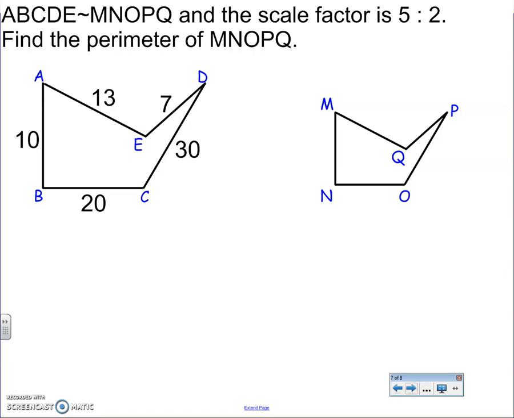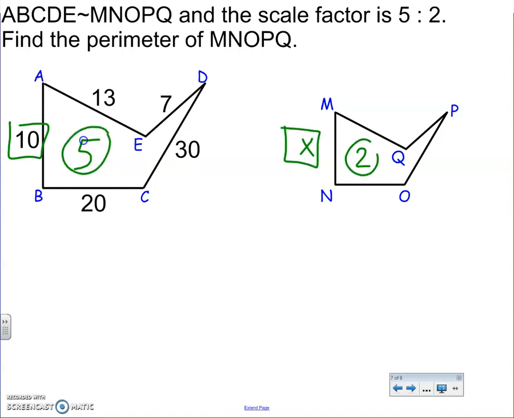If you wanted to, the long way is to find every single side. I know this scale factor is 5 for the first one, 2 for the second. That's a pair. I could find this thing right here, x. I could say 10 over x, that's my square pair, here's my circle pair. I could say 10 over x equals 5 over 2. I solve, times 2 both sides.